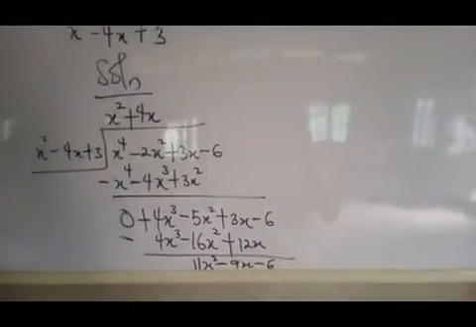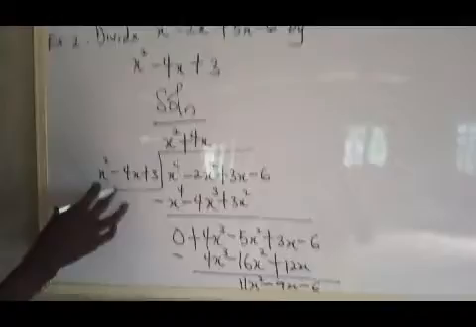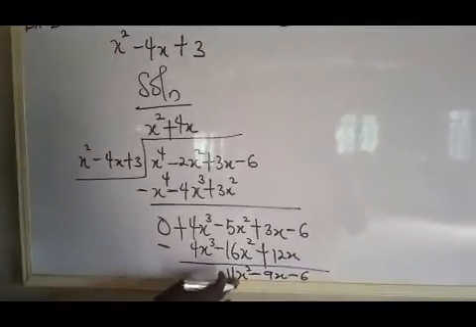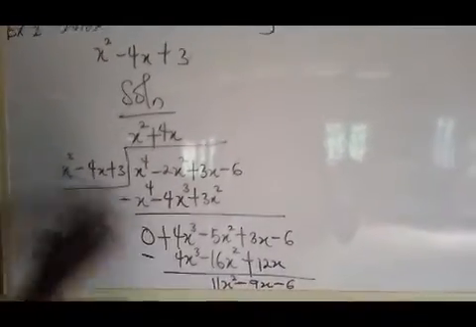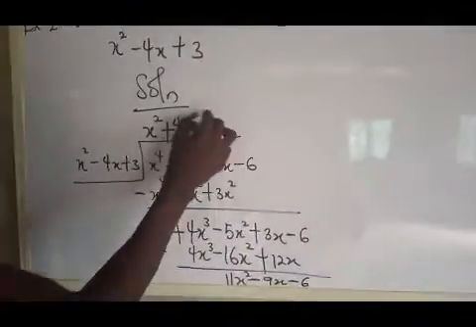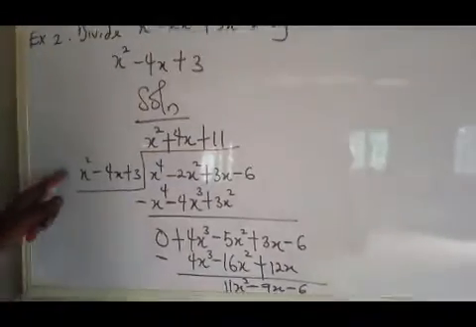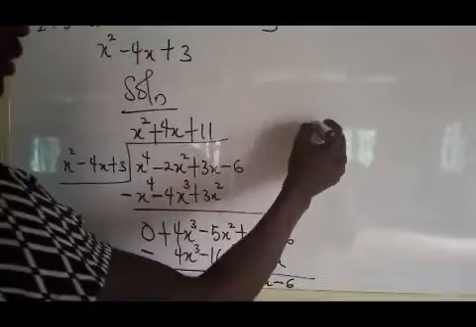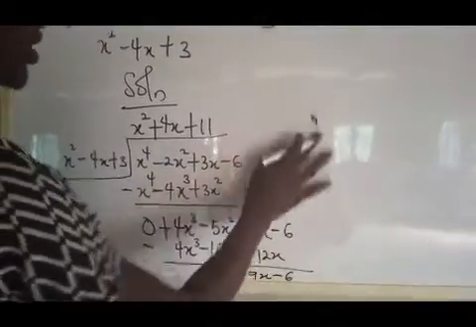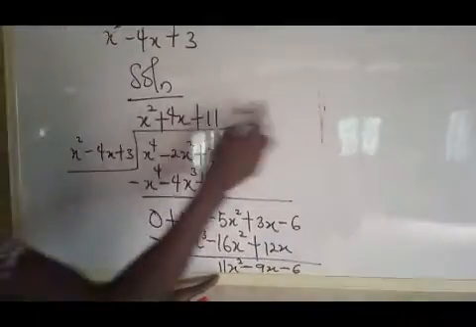All right, so let's do this together now. x squared in 11x squared will give me plus 11. x squared times 11 will give me 11x squared.